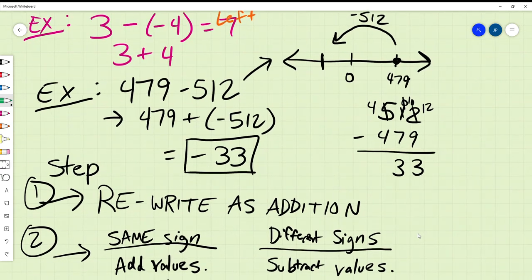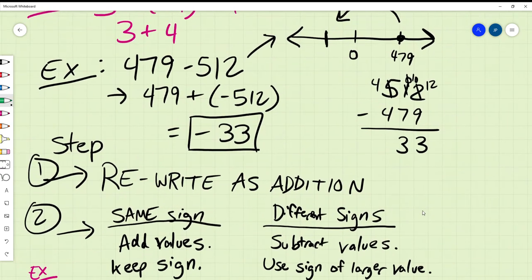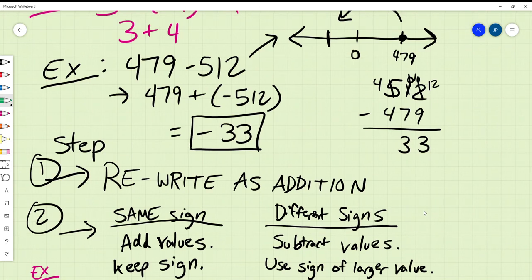And that is: rewrite all of our problems as addition problems. Then see if we have the same sign. If they're both positive or they're both negative, we add up their individual values and we keep the sign. And if they're different signs, one's positive, the other's negative, we subtract.